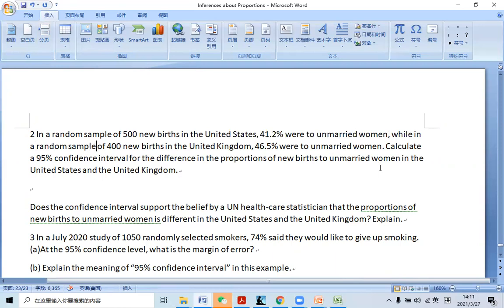Well, in a random sample of 400 new births in the United Kingdom, even more: 46% were born to unmarried women. Construct a 95% confidence interval for the difference in proportion of new births to unmarried women in the US and UK.